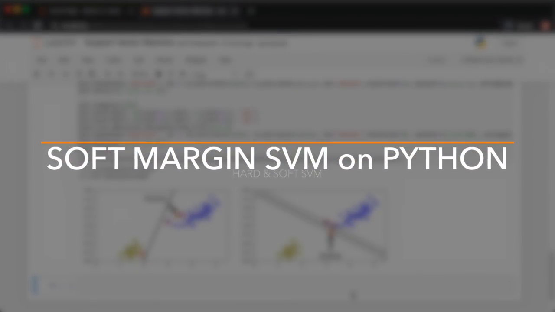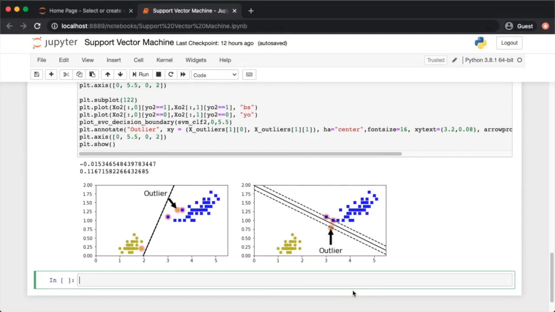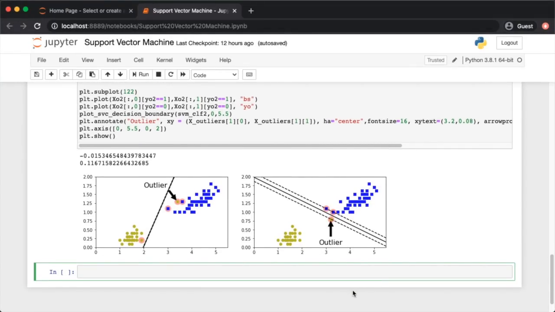Now let's see how to implement soft margin SVM in Python. Since I'm going to be training more than one SVM, it's better to use pipelines. So from sklearn.pipeline, I'm going to import a pipeline.